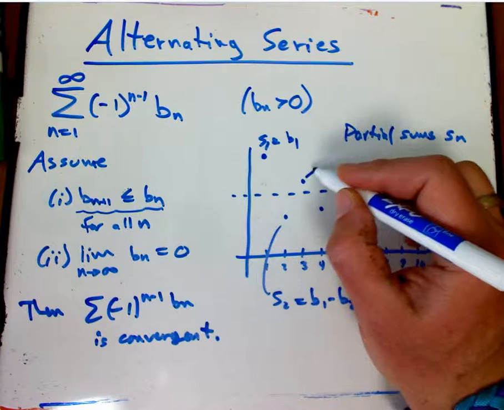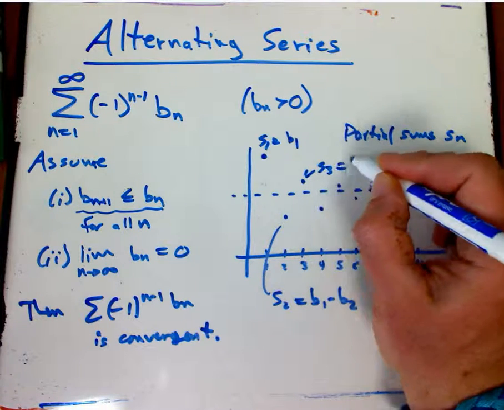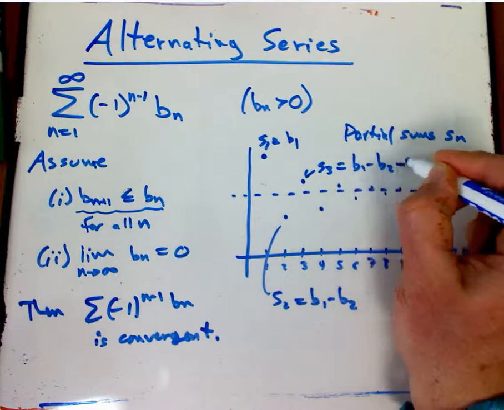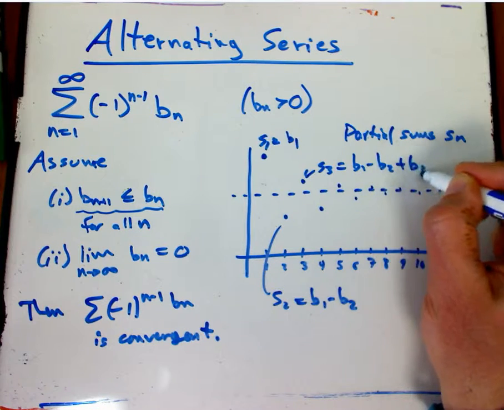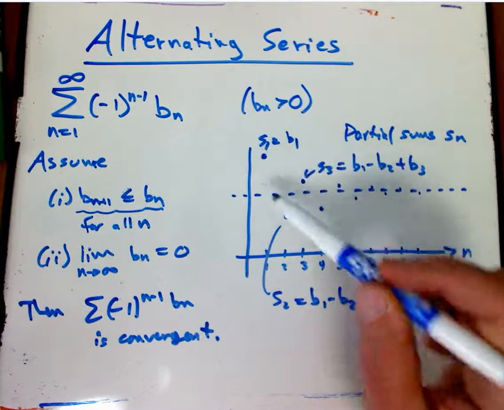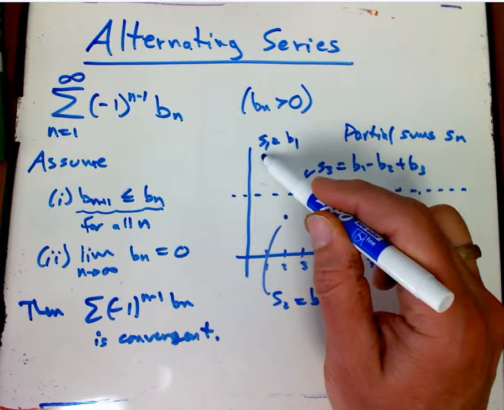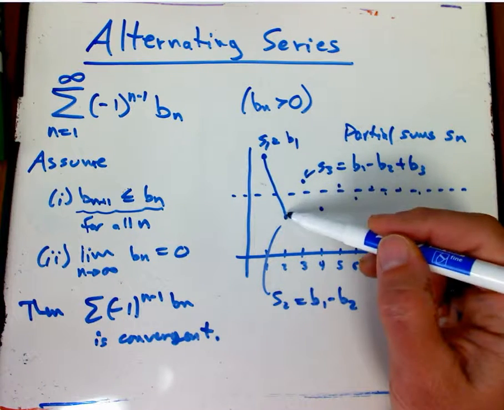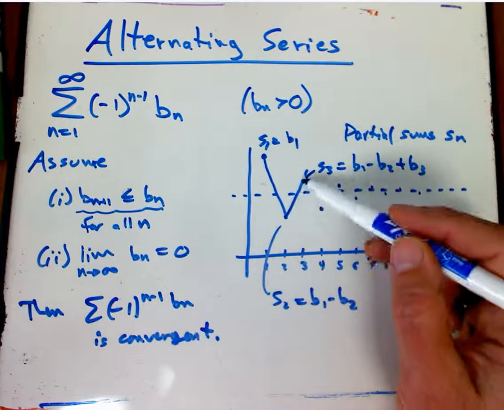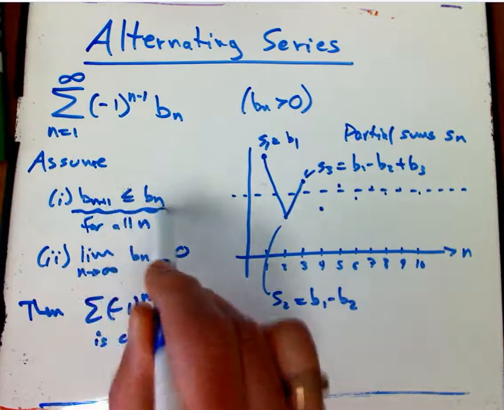Okay, so we're already using this a little bit. Now this one is S3. That's b1 minus b2, then back with the alternation to plus b3. So we go down and we consistently wiggle down and then guaranteed up and up by a smaller amount. That's where this is used.